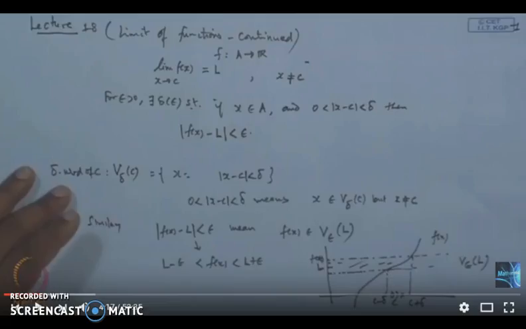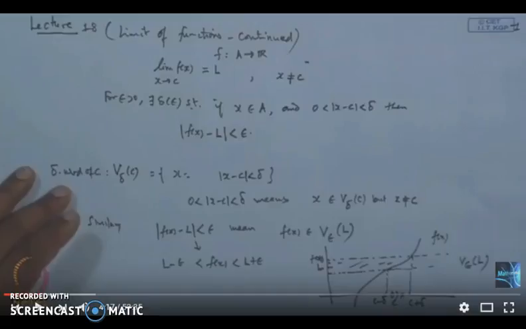Let us try to understand with a picture. I've changed the material. Here you can see at the bottom the graph of the function f of x, and on the x-axis you can see point C and a corresponding value L on the y-axis.